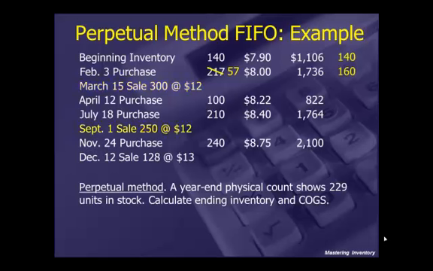Okay, we come to the September 1st sale, 250 units, FIFO. We're going to sell out of those 57. We're going to sell 100, and then we need an additional 93 to have the 250 units to sell on September 1.